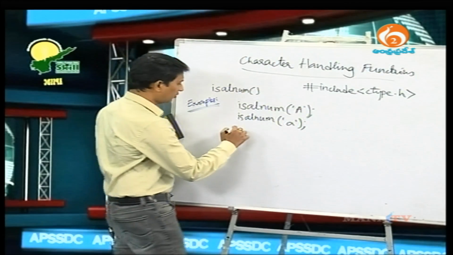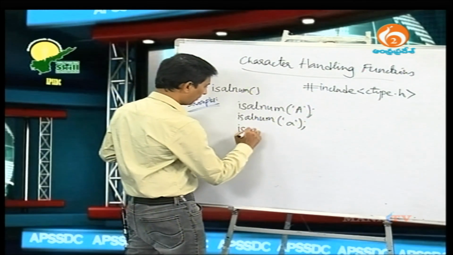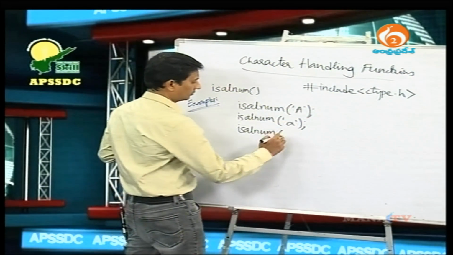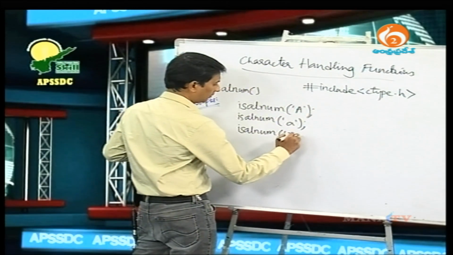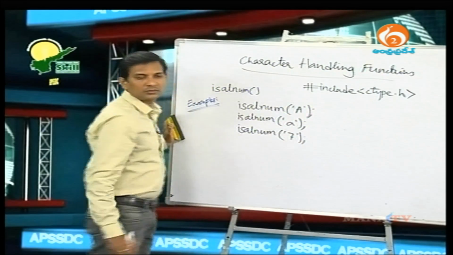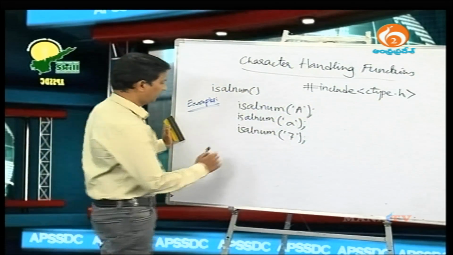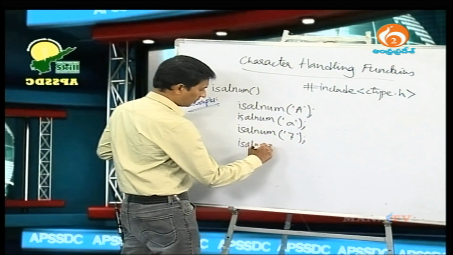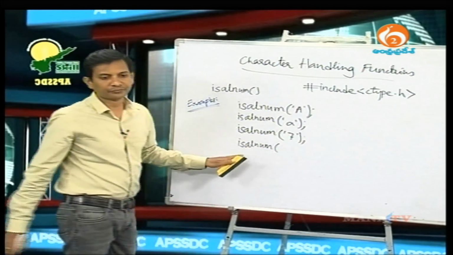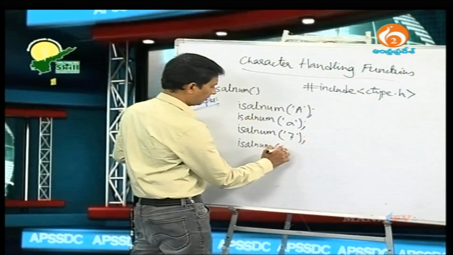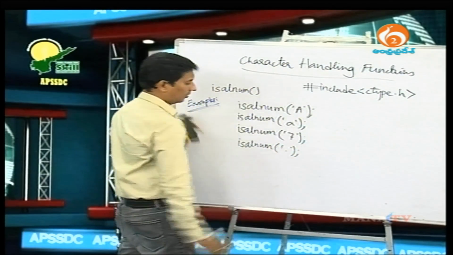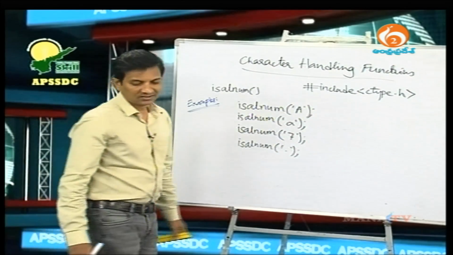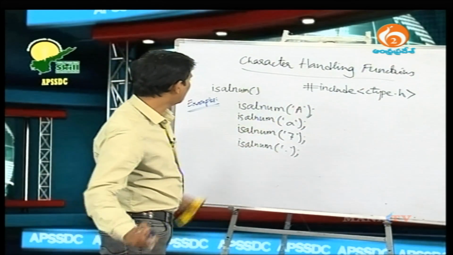Next, is alnum of 7, is alnum of full stop. Okay. Now we will see what is the definition of is alnum.